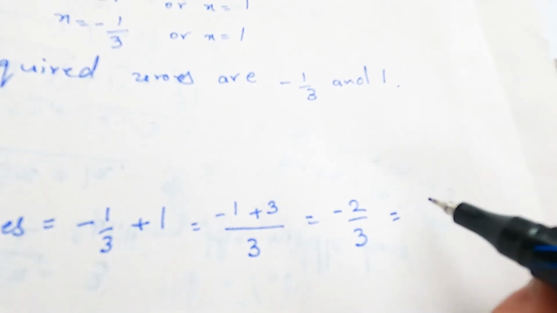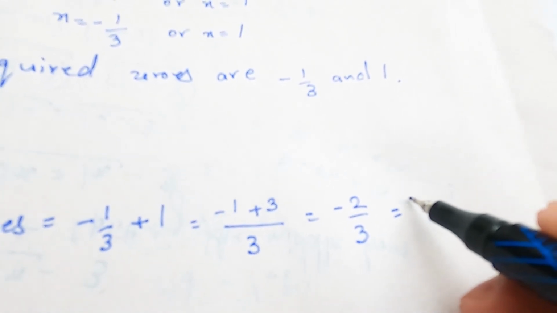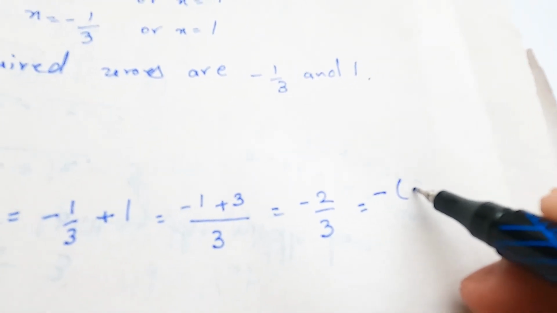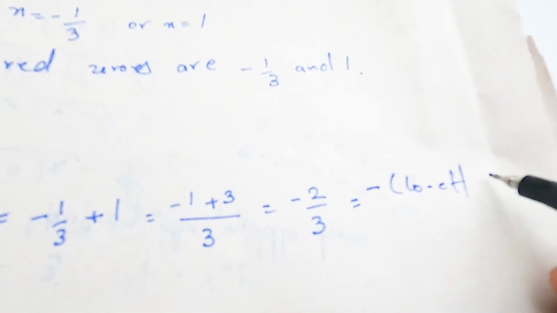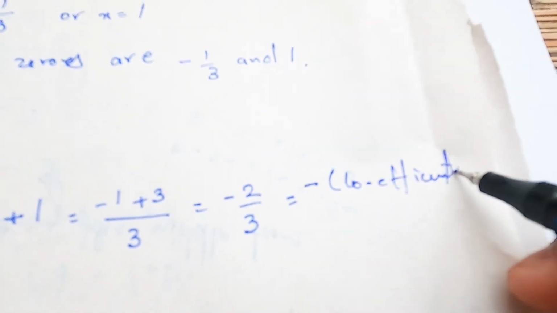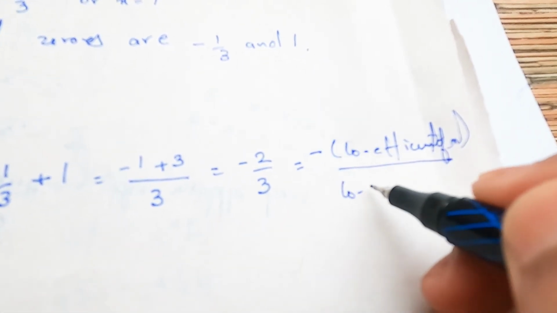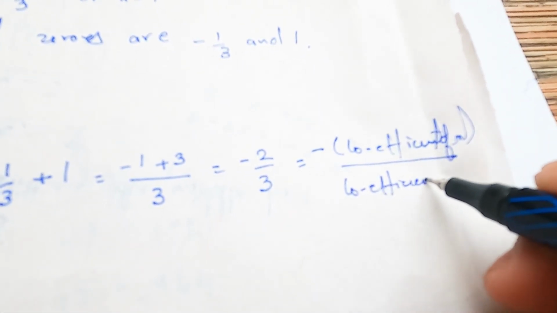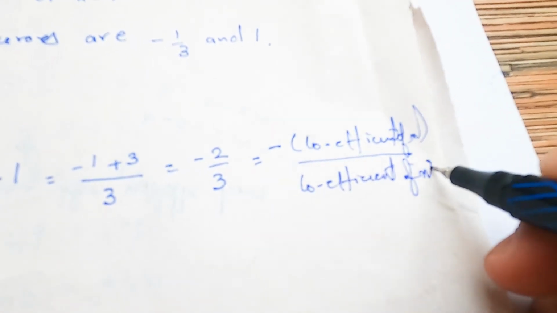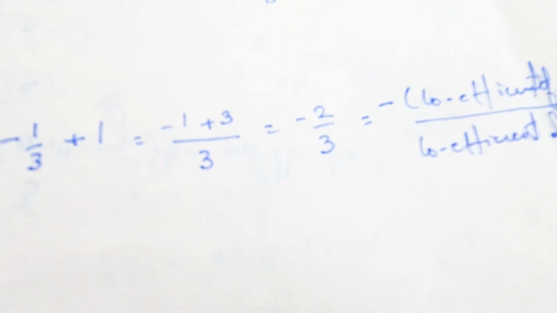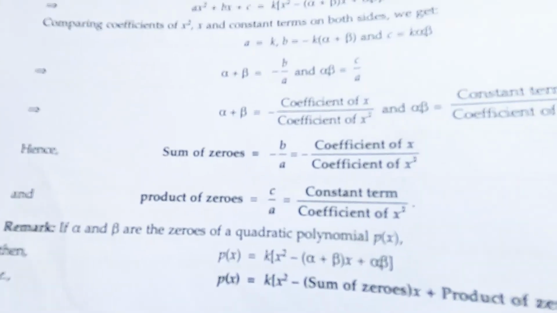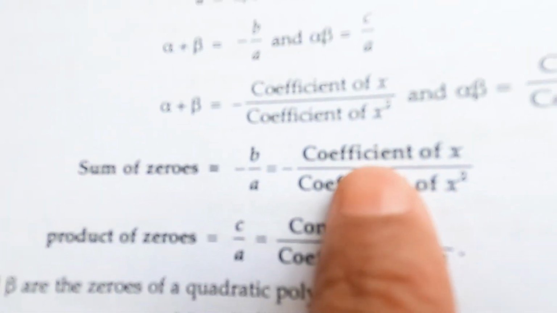So according to the formula, it will be minus coefficient of x, and below will be coefficient of x square. From your book you can see this one: sum of zeros is minus coefficient of x over coefficient of x square.